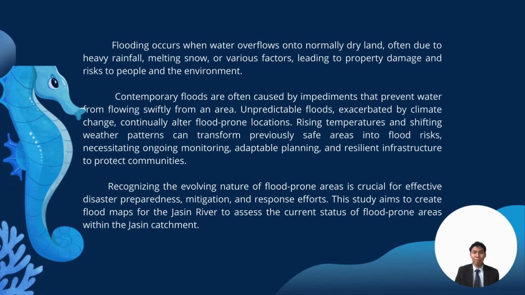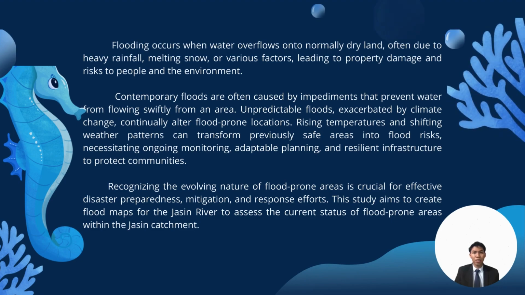For the problem statement, we delve into the impactful phenomena of flooding, where water spills onto dry land, driven not only by heavy rains but also factors beyond weather conditions.